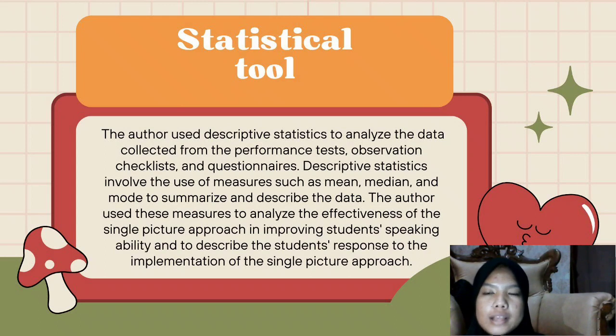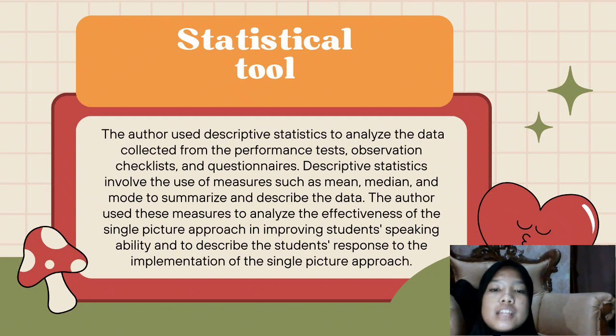Okay, the next I will explain the statistical tool. Based on the information provided, we can infer that the author used descriptive statistics to analyze the data collected from the performance test, observation checklists, and questionnaires.